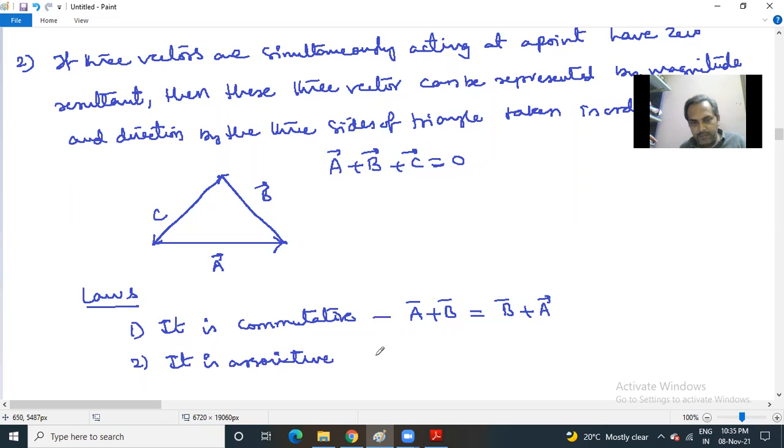It means A plus B plus C is equal to A plus B inside the brackets plus C.